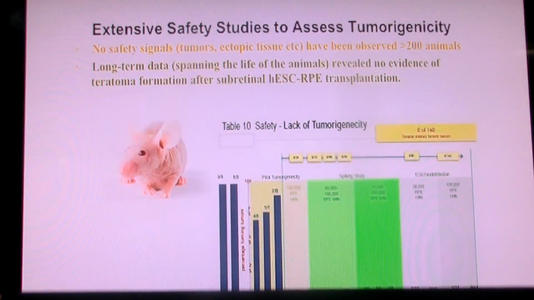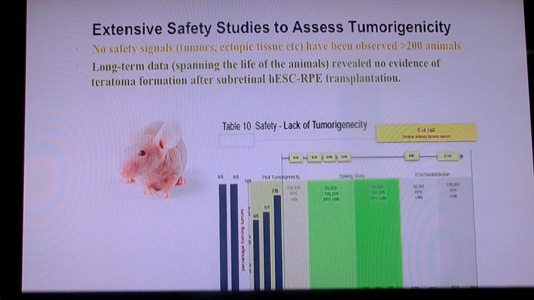And indeed, we went in and did that in these animals, and not only that, but they wanted us to spike in large amounts of these undifferentiated cells to see, even if we were way off, like 6 orders of magnitude, will we get a teratoma. And indeed, we didn't see any tumors in any of our animals. We studied hundreds of these animals. Not only did we not see any tumors, but we didn't see any ectopic tissue.